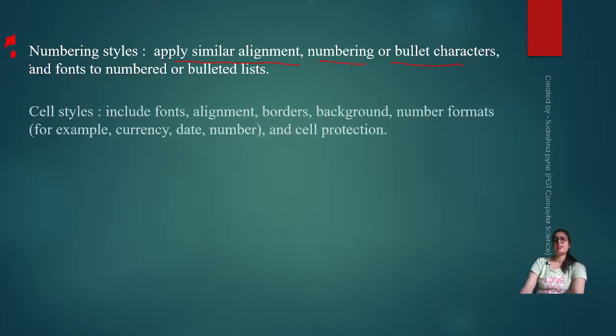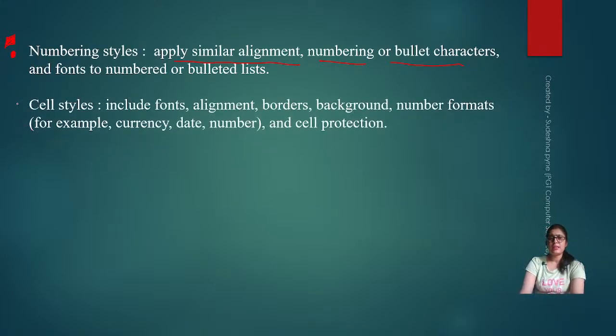These shapes are available. I can use this shape as a bullet. So this is one point, numbering style. This is the second point, cell style. This will include the fonts, alignment, borders, background, number formats, for example, currency, date, number. Yes, we can use currency, date and number inside our document.